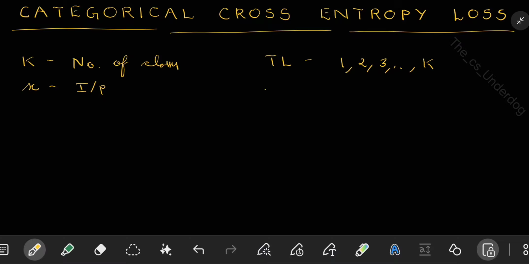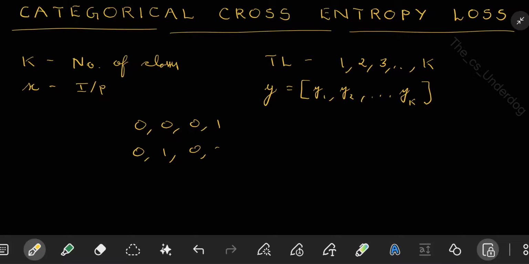This one-hot vector will look like this. A vector y equal to y1, y2 up to yk. This is a one-hot vector. Why is it called a one-hot vector? What is the speciality? A one-hot vector will look something like this, let us say 0, 0, 0, 1 or maybe 0, 1, 0, 0.